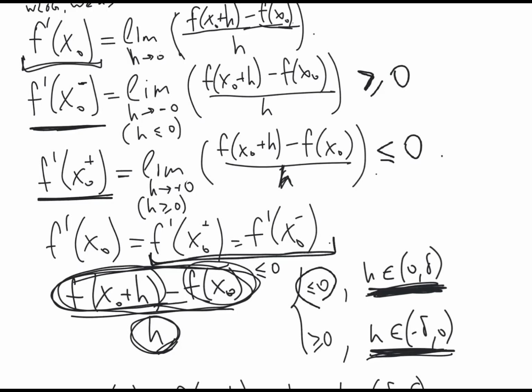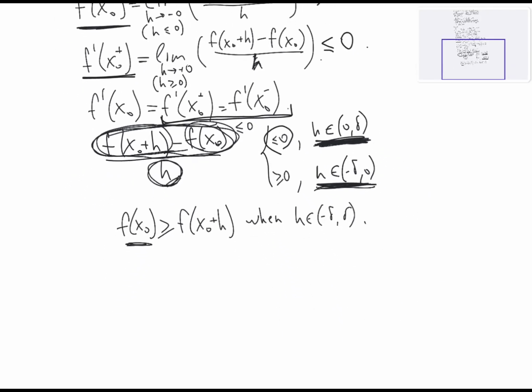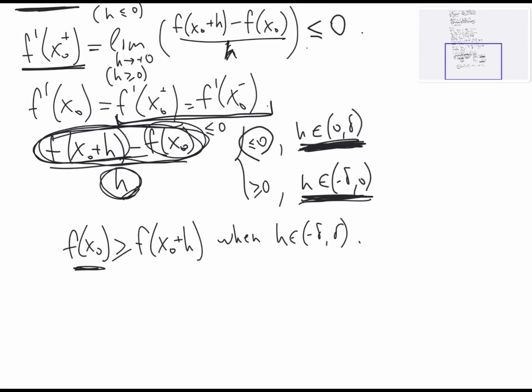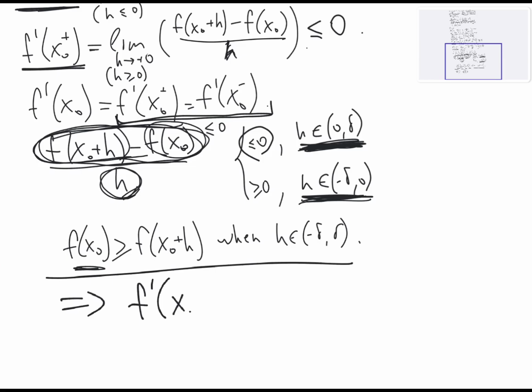So from this it follows that the derivative at x0 from the left is equal to the derivative at x0 from the right and is equal to 0.